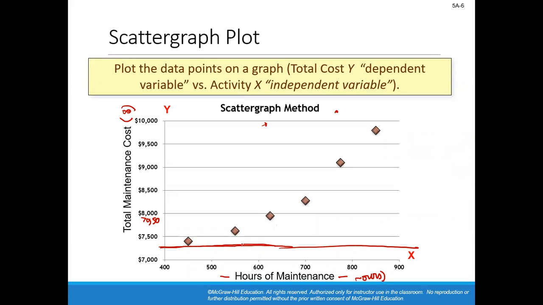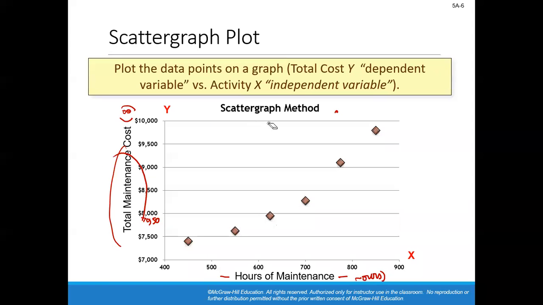This is another indication that this portion is fixed, and the excess portion which is going up is the variable portion. So let's sum up: when it is possible to draw a linear relation, we can think that it is likely that this cost is a mixed cost.